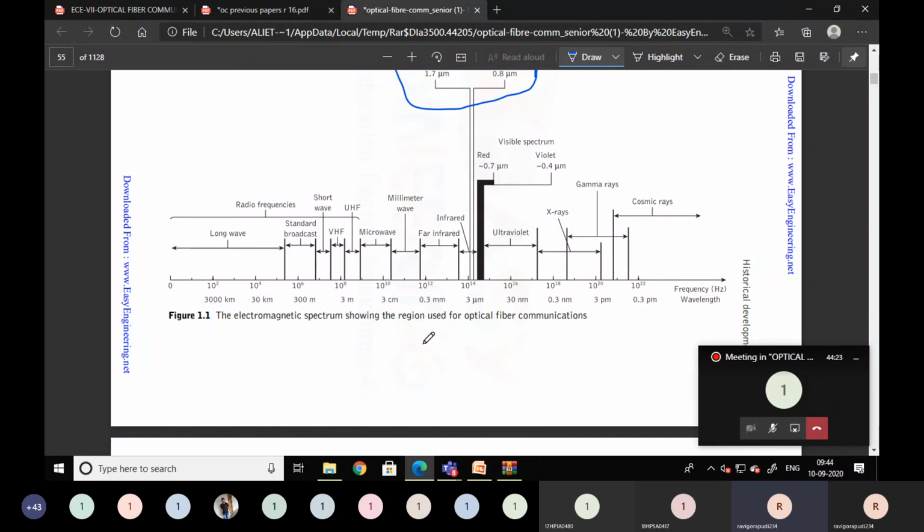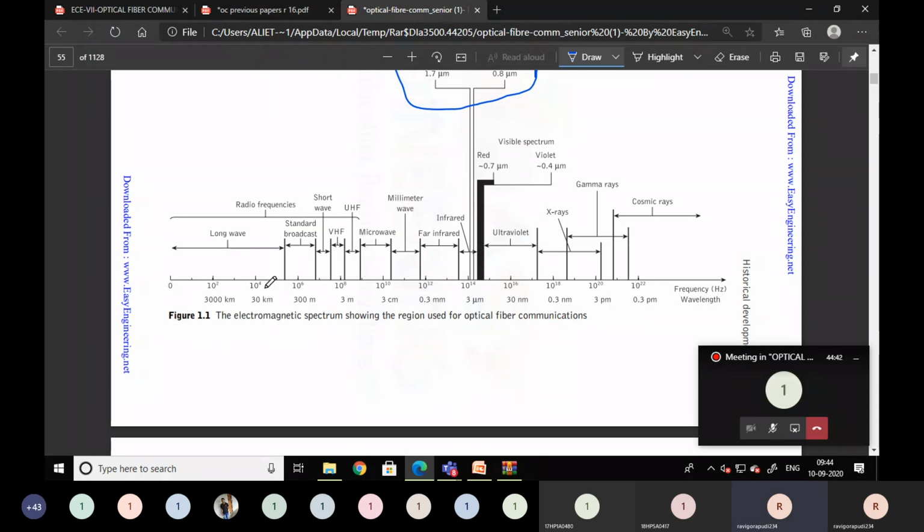Like that, he may give some frequency ranges and values: 3 into 10 power 3 hertz to 300 hertz, 300 hertz to 30 kilohertz, 30 kilohertz to 300 kilohertz. Like that, he may give some frequency bands.